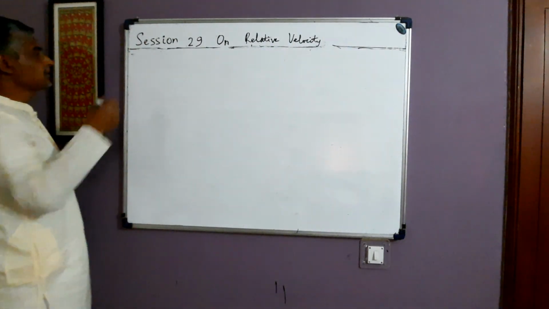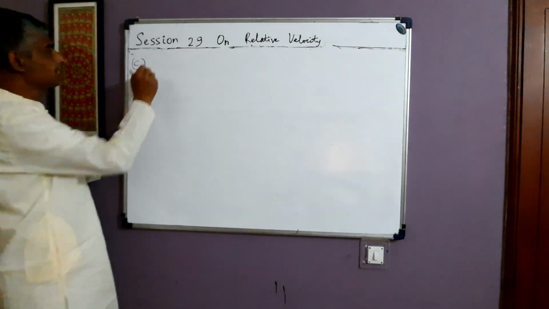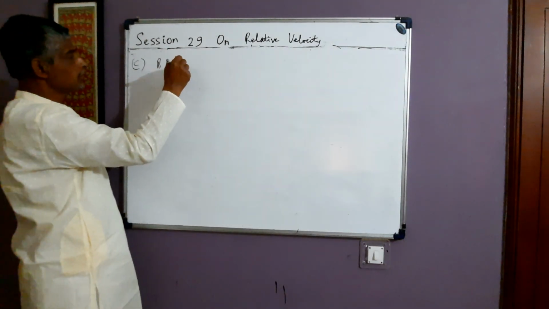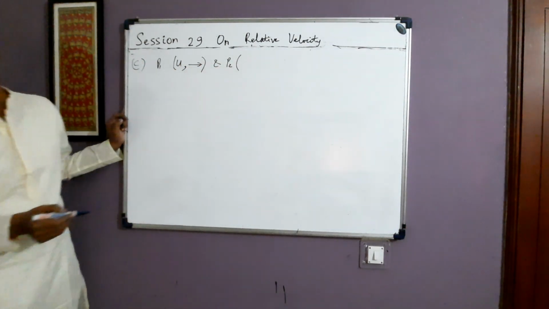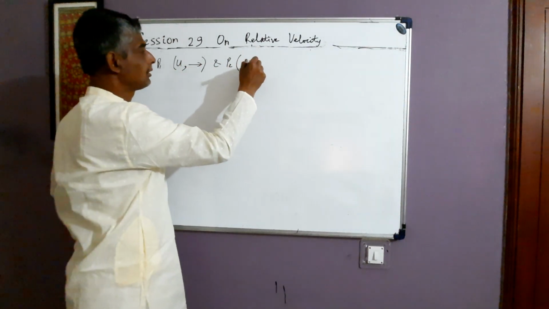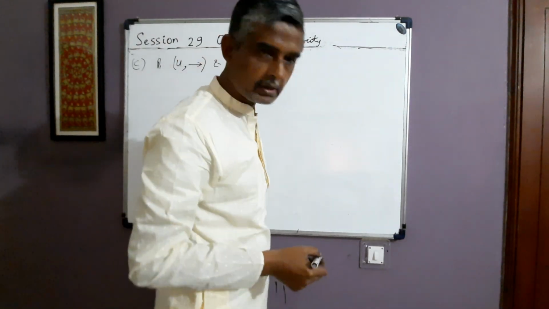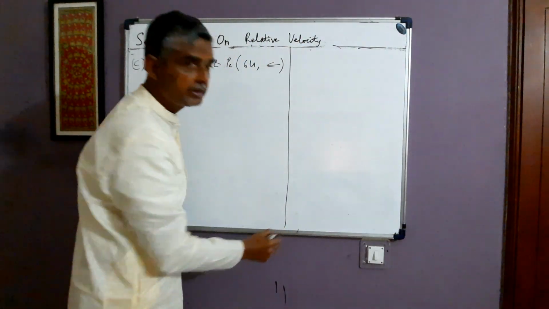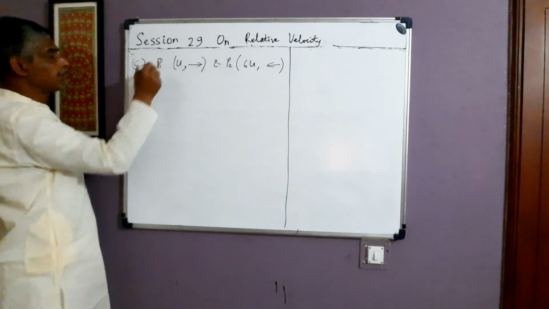And now we take part C of this question. In part C, it is given that the initial speed of P1 is u rightward and the initial speed of P2 is 6u leftward. Again we determine the value of u relative. So what do we write?